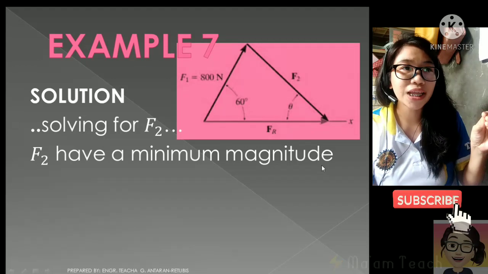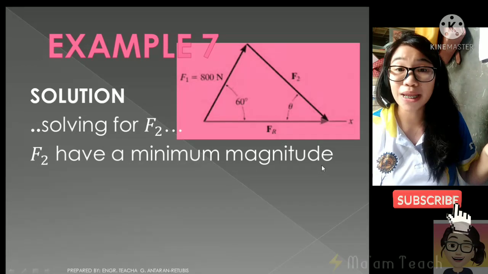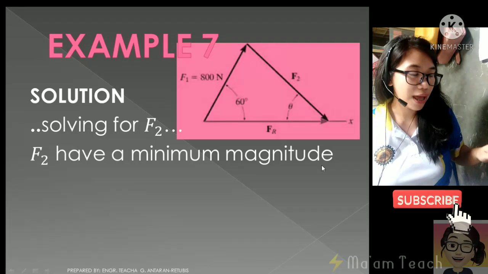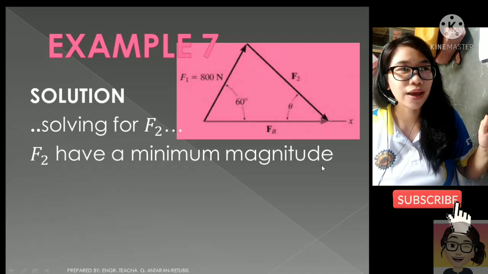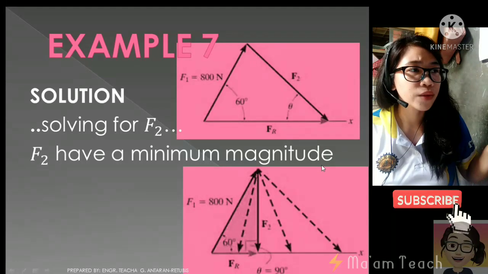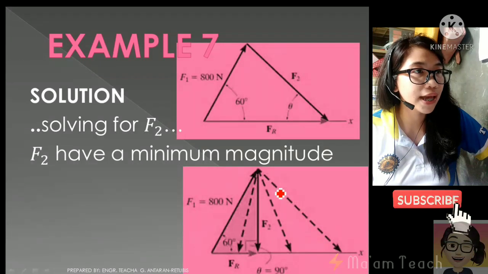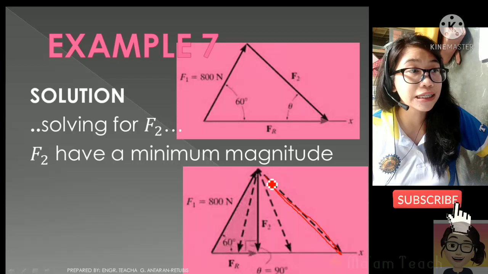But what we are looking for here is that the f sub 2 should have a minimum magnitude. Now if we analyze the triangle, look at this situation. If our f sub 2 is right here, this is our f sub 2. Originally, this is the position of our f sub 2. Can you see it, class?